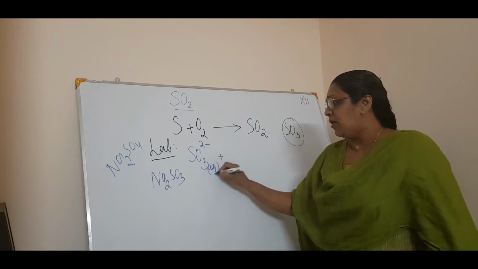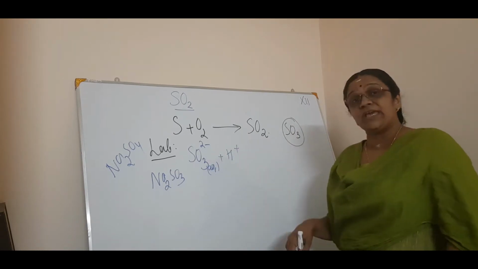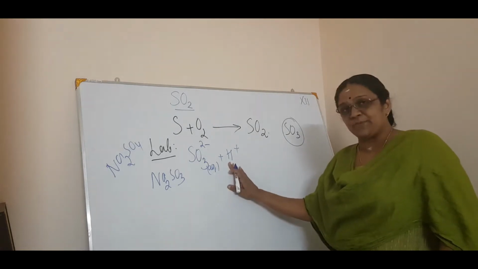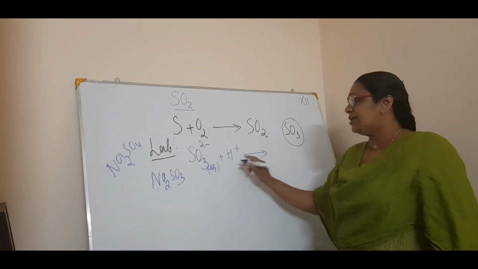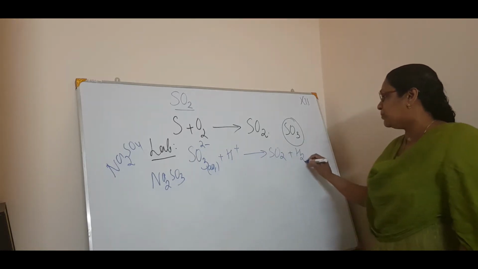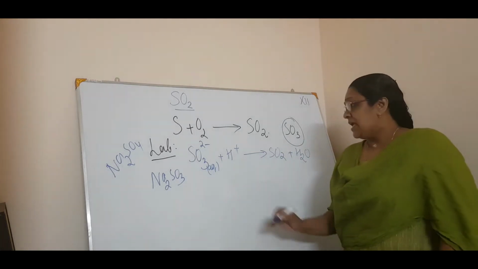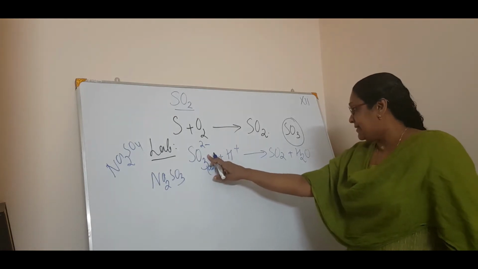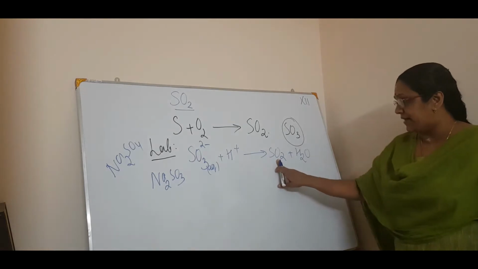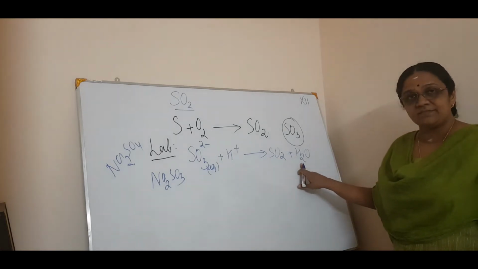Any sulfite on treatment with dilute sulfuric acid. Since this is an ionic equation, I am writing this as H plus. So SO3 2 minus plus H plus will give you SO2 plus H2O. That is, any sulfite on treatment with dilute sulfuric acid gives sulfur dioxide plus water.